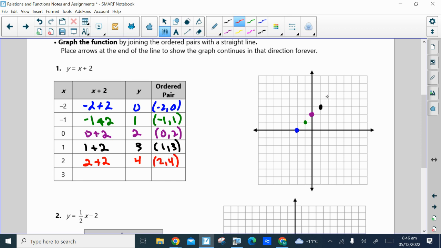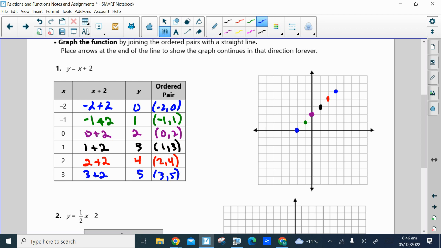So that's the point 2, 4. And finally, when x equals 3, y will equal 3 plus 2, which is 5, and this is the point 3, 5. When x equals 3, y equals 5, so that's that point right there.